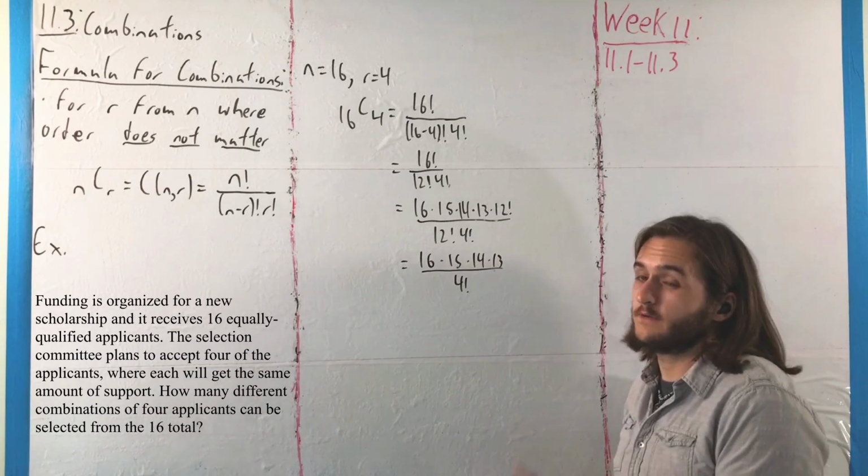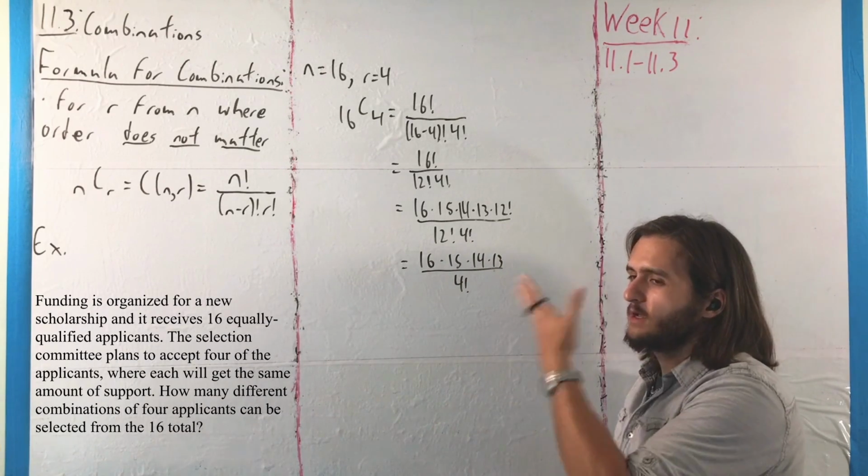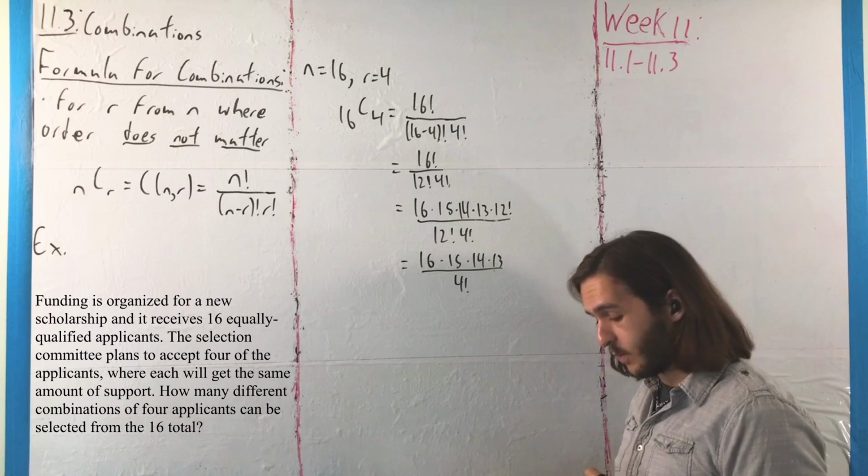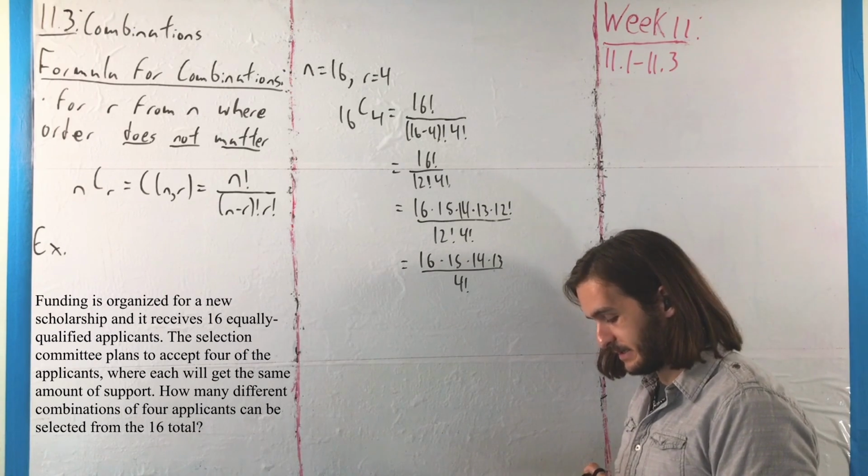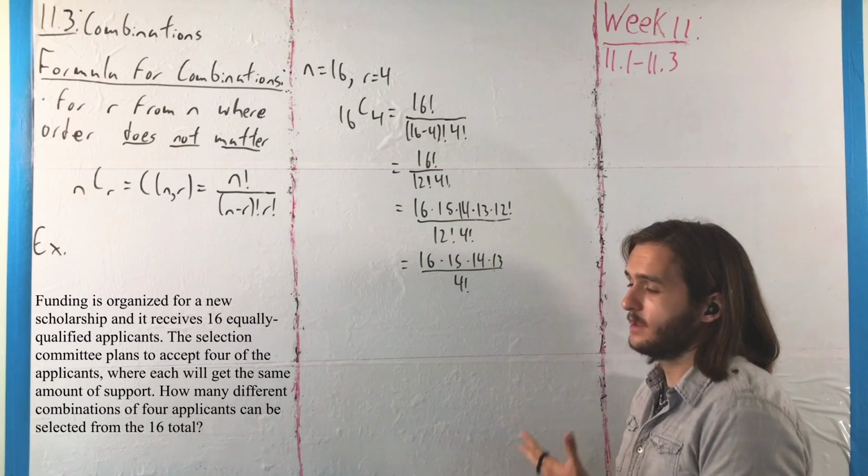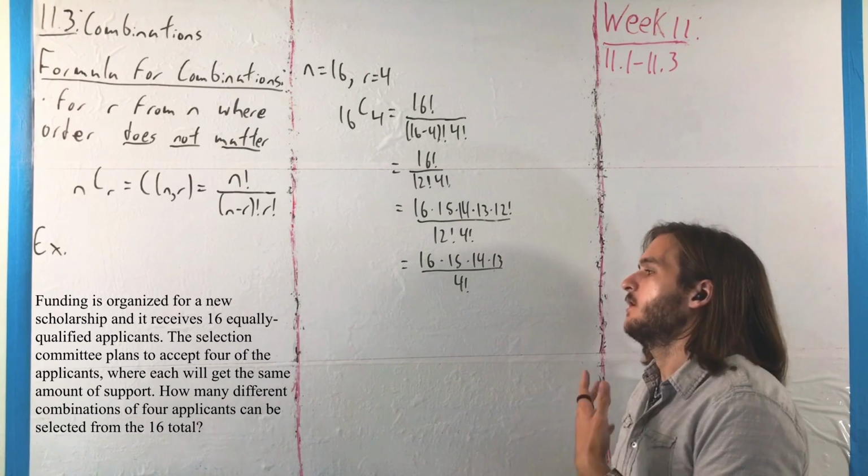And unfortunately, by virtue of having smaller numbers, combinations tend to not simplify quite as cleanly as what we had with the permutations.